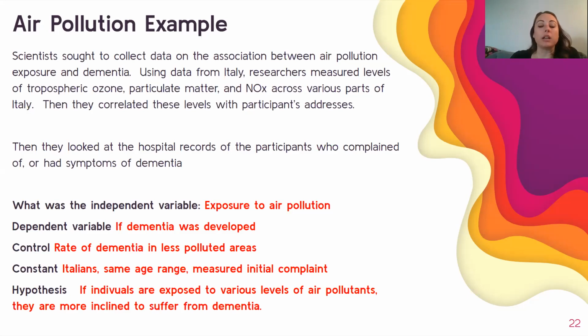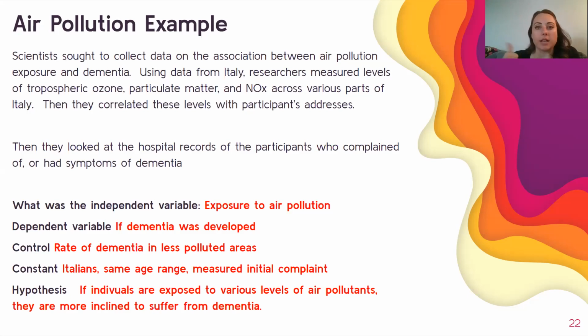Actually, rural Italy is probably better than the rural United States because there's some other constants that we want to control. Maybe they're going to compare it to other people in the Mediterranean region who have a similar diet, something like that, okay? So the control is the dementia in less populated areas. It's what we're going to compare our data to.